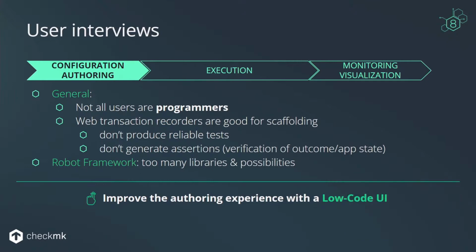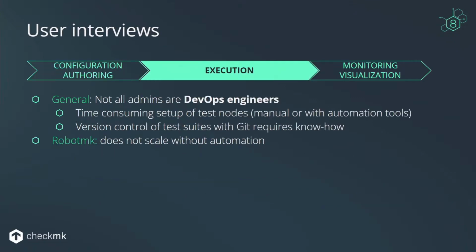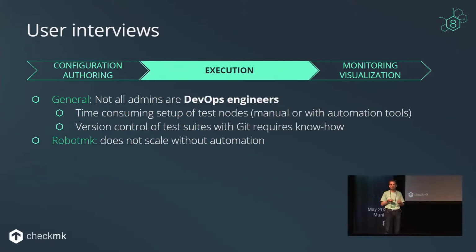We have a similar situation when we talk about the execution of Robot Framework tests. Not all admins have DevOps skills, and it's very hard to install all the test nodes without any automation skills. You have to know some automation tool.